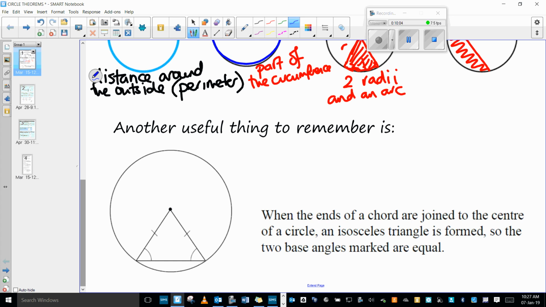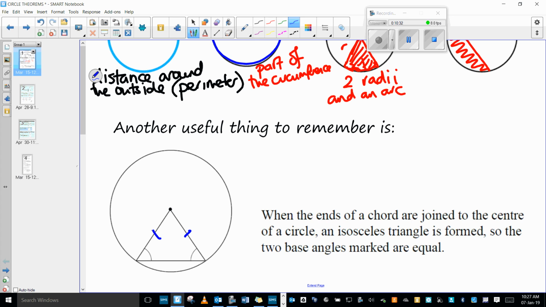Because we know that these radii both come from the centre, and they're both the same length. So if you've got two lines coming from the centre, then you are forming an isosceles triangle. That's going to come into play when you see pictures of circles with angles inside them, so you do need to remember those things as well.